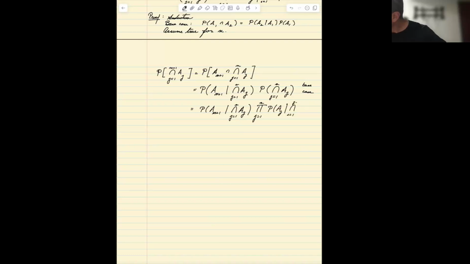We can fold the first piece into the product by now taking the product up to n plus 1, and if we do that, we get what we need.